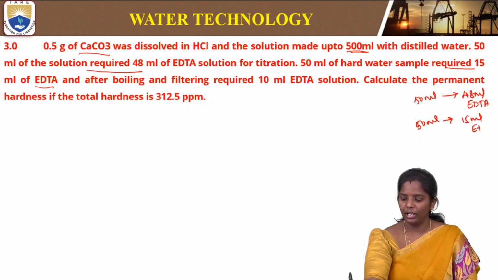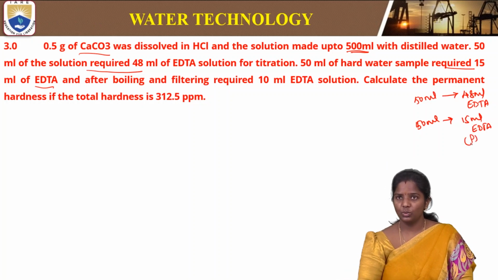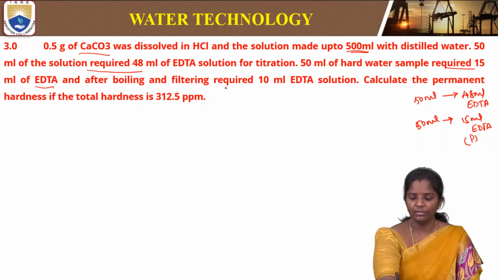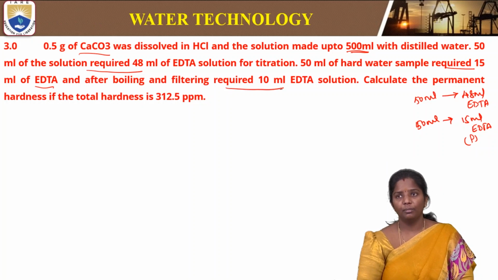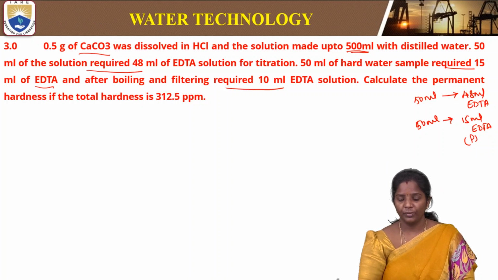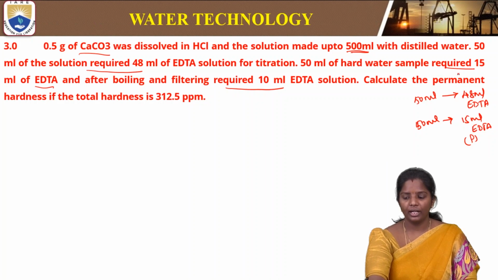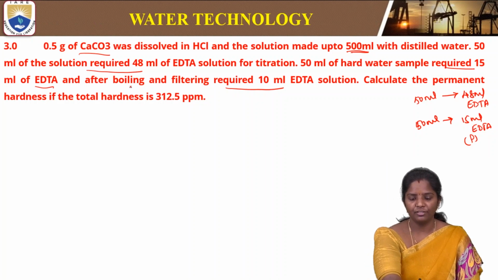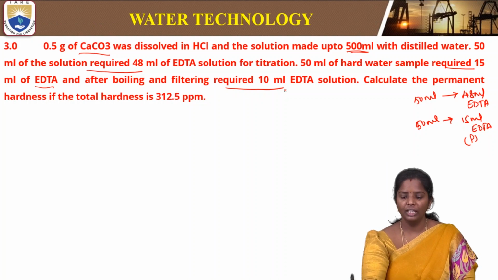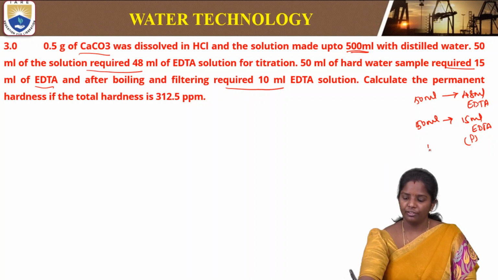If you see the values, it contains only permanent hardness, which is why it required a smaller volume of EDTA. After boiling and filtering, it required 10 ml of EDTA solution. So 15 and 10 ml of EDTA relate to the permanent hardness.